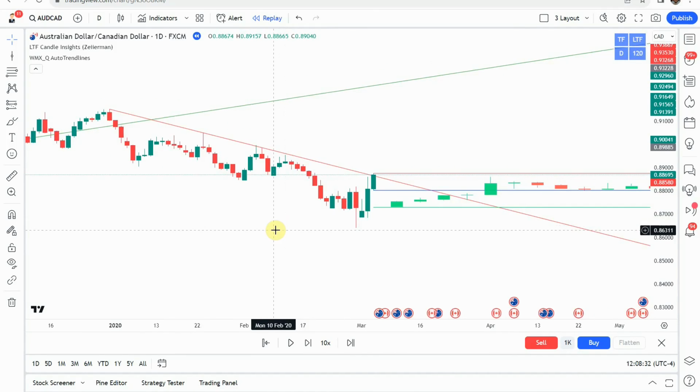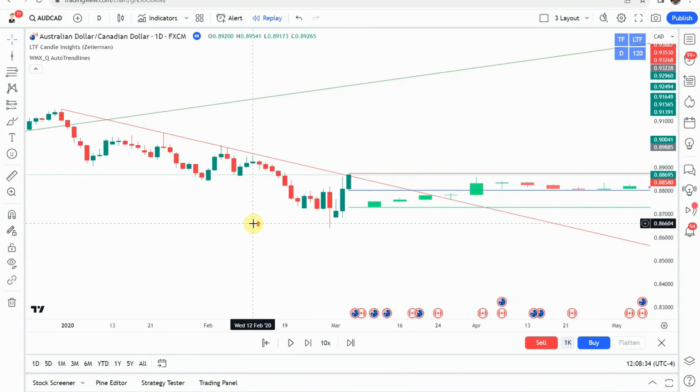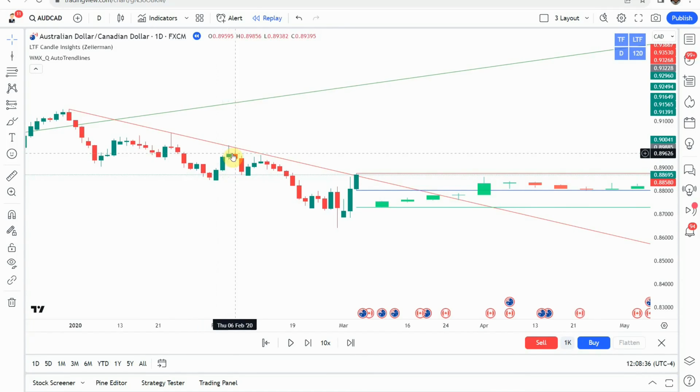There's nothing really outlining when you have a clear rejection versus a weak rejection. So that's just something that your eye gets trained over time to notice and see those points of rejection. But all in all, a pretty solid strategy. Definitely play around with it and see what you can get out of it. And that's it for this video.